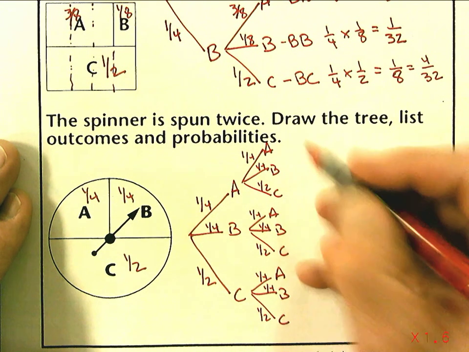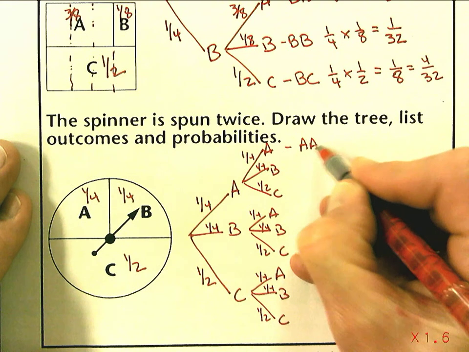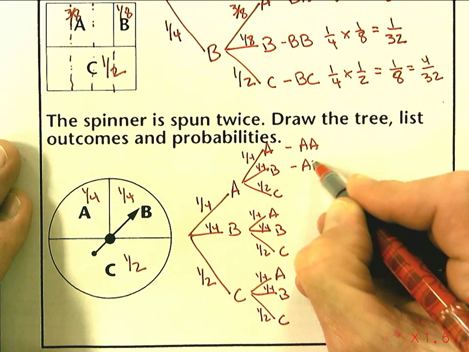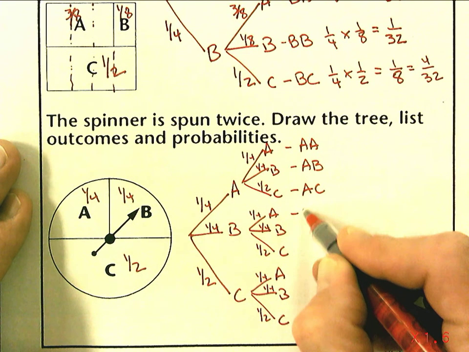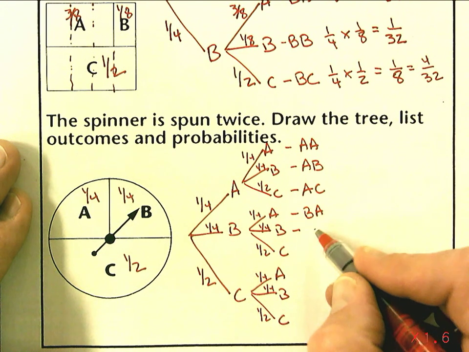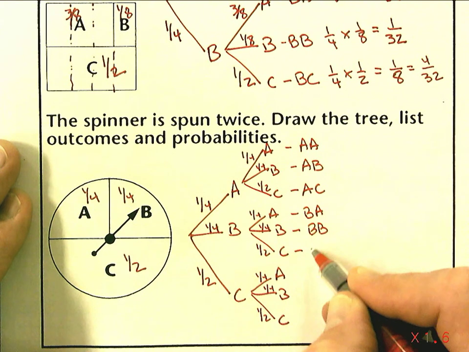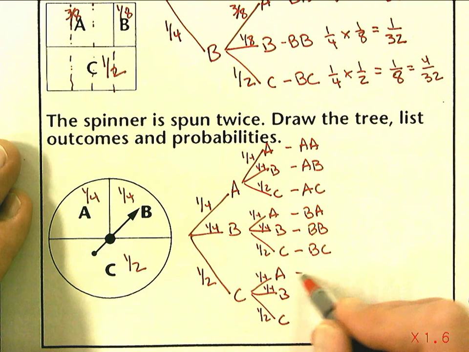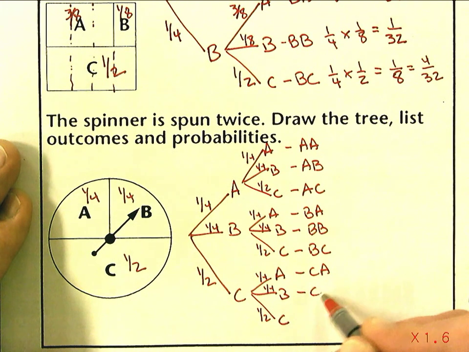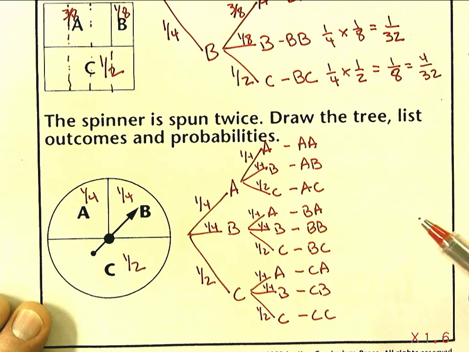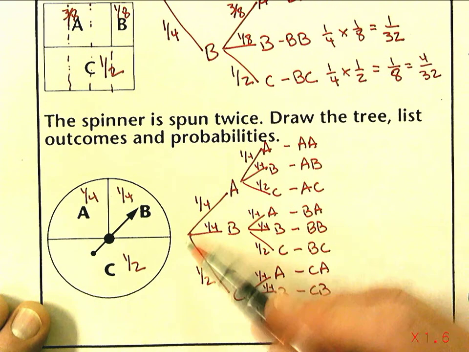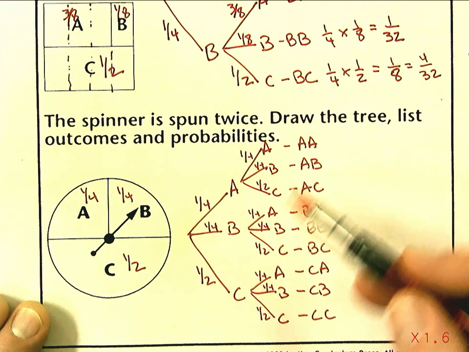And you can see there's going to be 9 outcomes: AA, then AB, then AC, then BA, and BB, BC, CA, CB, and CC. So there are 9 outcomes, but they are not equally likely to happen. And you can probably sort of see by the fractions how some of these will be more likely than others.